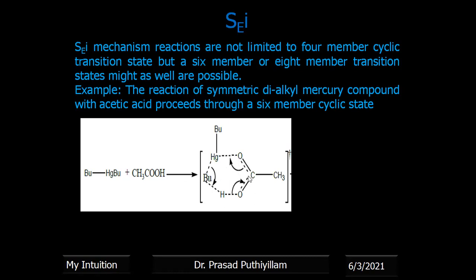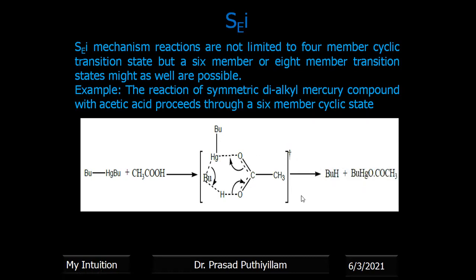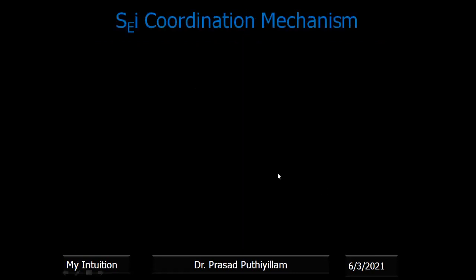After the rearrangement, a C double bond is created here, and the group going out from this ring, that is butyl and hydrogen, becomes butane. The remaining group will be CH3COOHgBu. Therefore, we'll be getting the final products as butane as well as the byproduct.